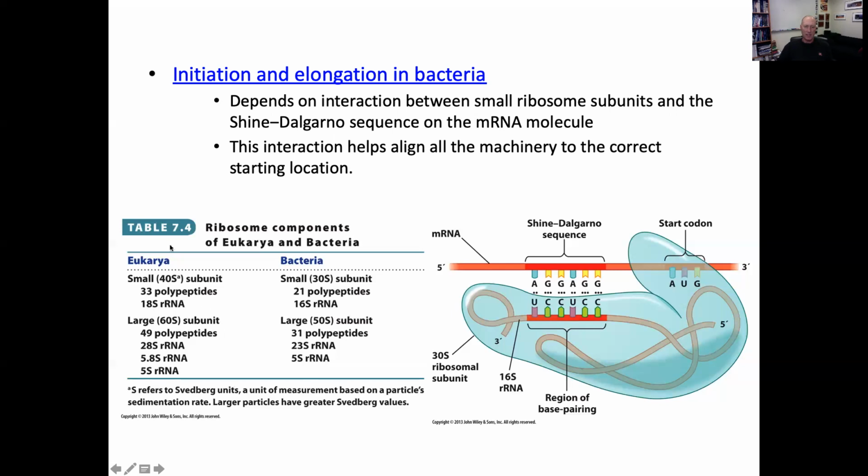Okay, this is just showing the composition of eukaryotic and bacterial ribosomes, including the various protein components and the ribosomal RNA components. Again, the 16S ribosomal RNA is really important for actually recognizing this ribosome binding site. It's actually complementary to a sequence in the 16S ribosomal RNA.